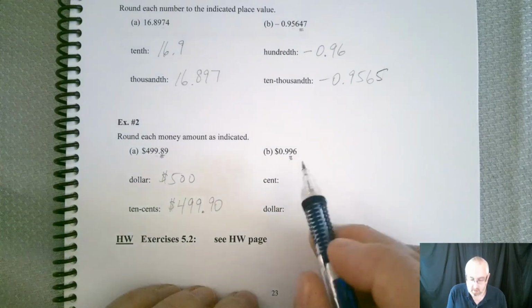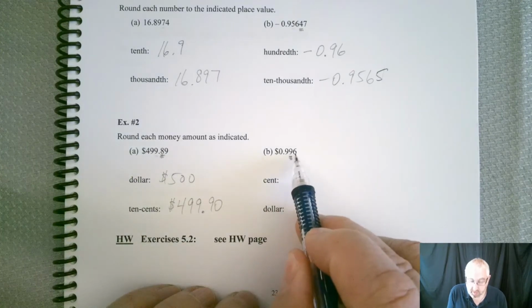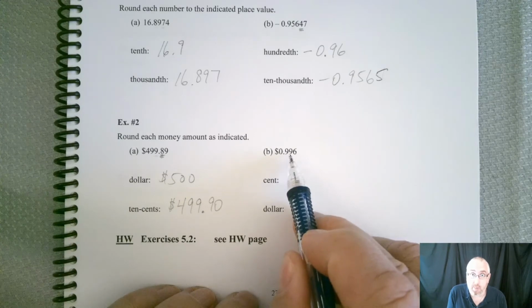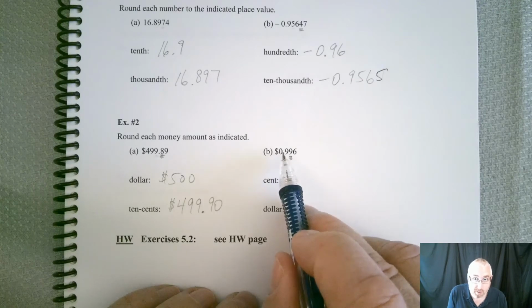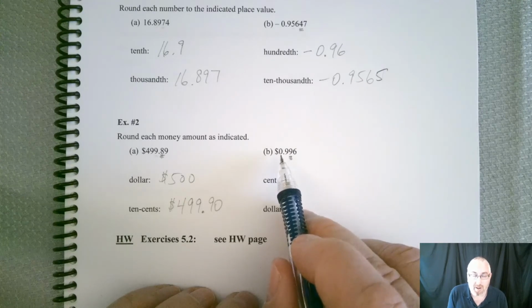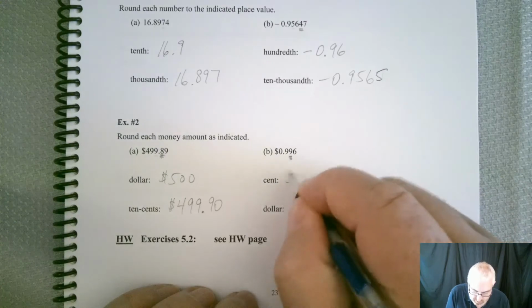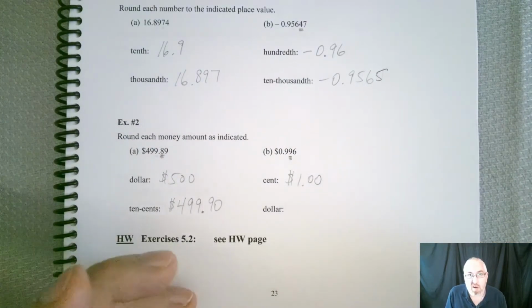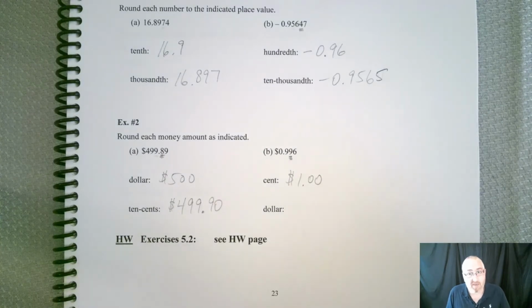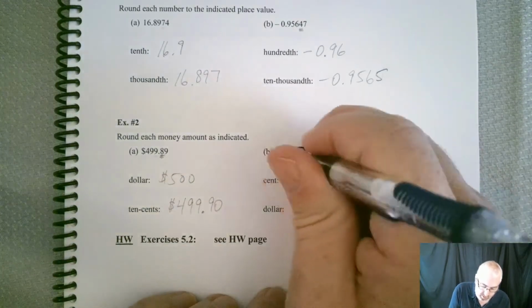So, if we look at the number to the right, which is a 6, we've got to add 1, which makes it a 10, which means we add 1, which makes it a 10, which means add 1 again, so this is really $1 to the nearest penny. Yeah, so we have to round it up, which bumps it up to $1.